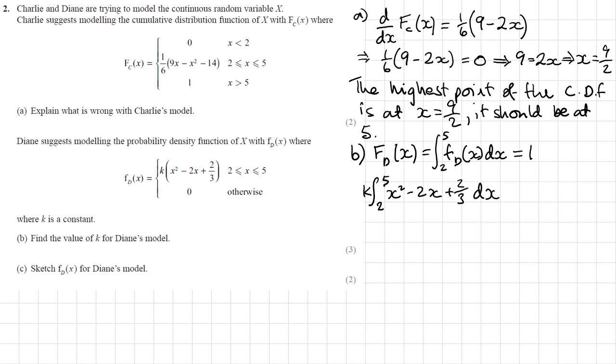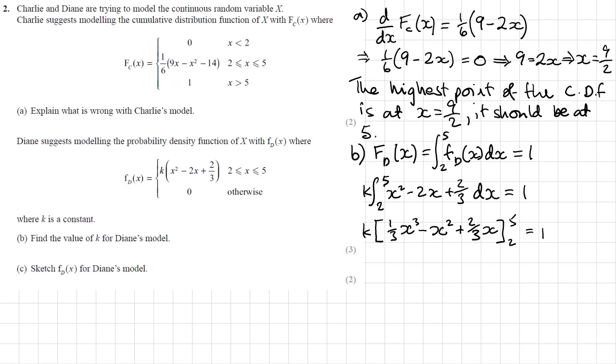We know that's going to equal 1. So that's going to be k times, so x squared becomes 1/3 x cubed, 2x becomes minus x squared, and 2/3 becomes 2/3 x, and our limits are 2 and 5. Again, that's equal to 1.